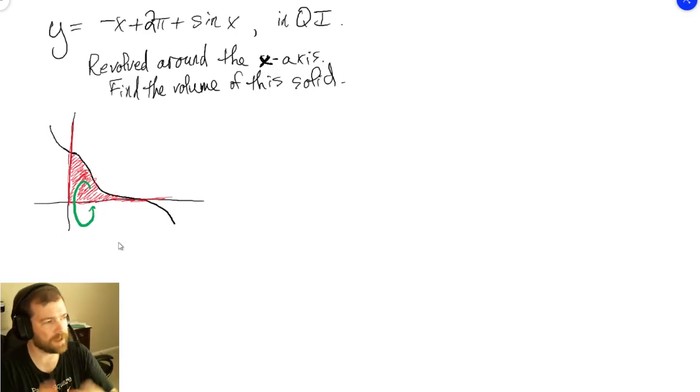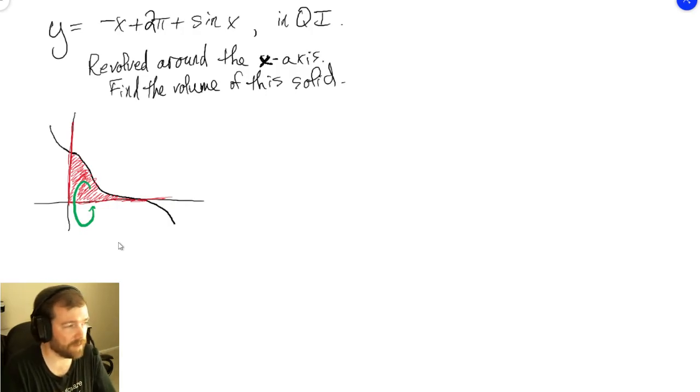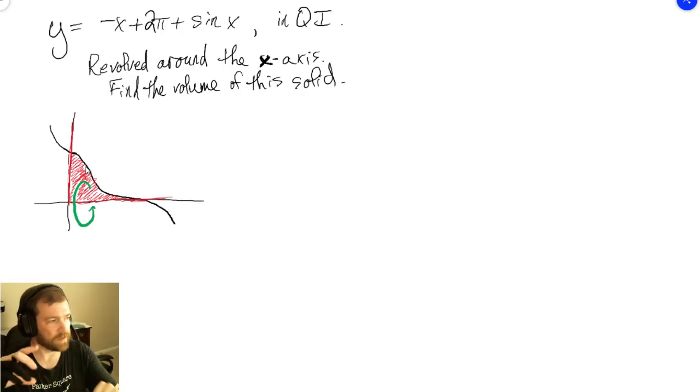It's going to make a solid shape, which according to what I have drawn here, looks sort of like a Hershey kiss if we were to revolve this all the way around the x-axis and make a solid shape. So it's going to have this pointy part over here. It's going to expand out both top and bottom and then kind of flatten out to have an edge.